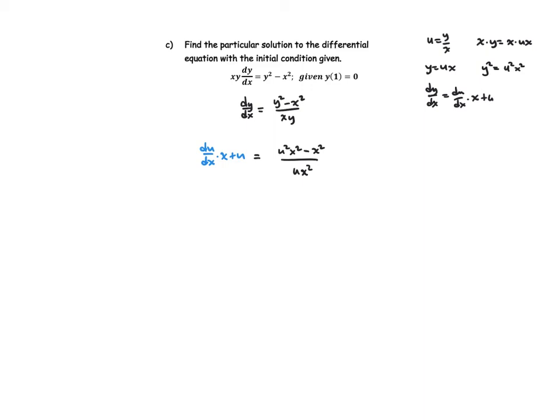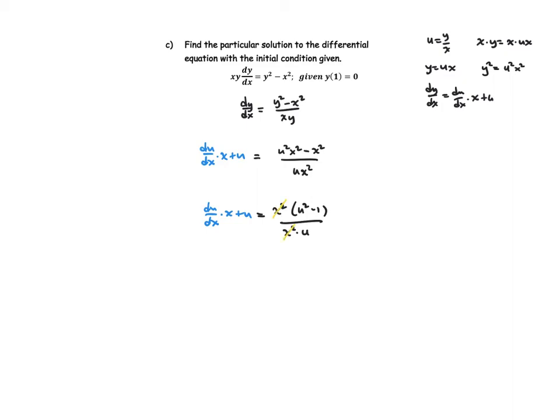Now what I can do here is some work on that right side. I'm going to rewrite the left side, and I want you to see this come to fruition in this way. I'm going to factor out an x squared on the top, which would give me u squared minus 1. And on the bottom, I'm just going to reorganize things, and you'll see that the x squareds reduce.